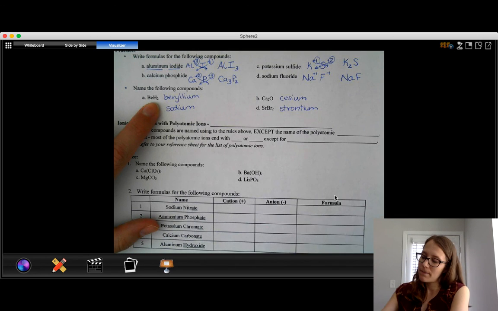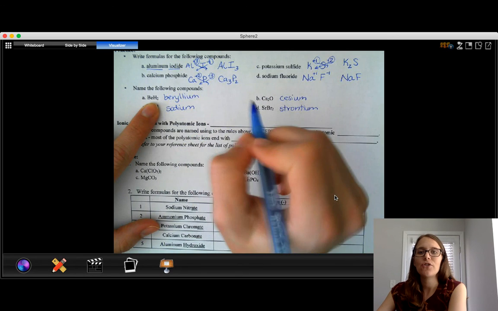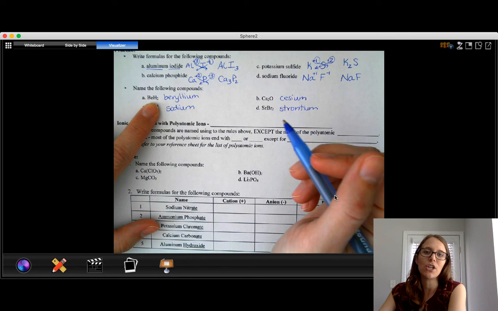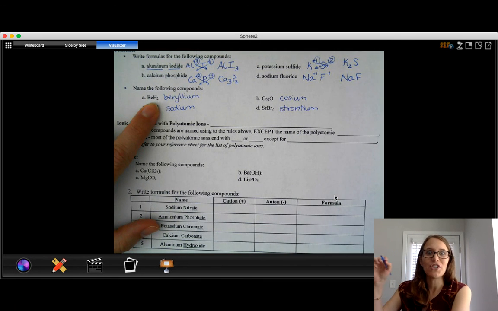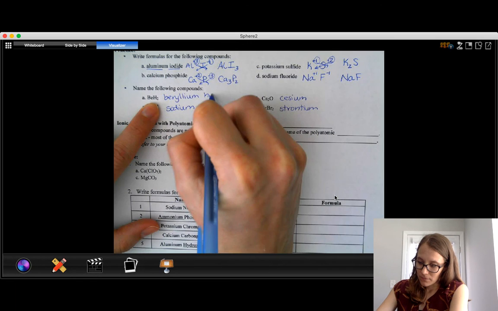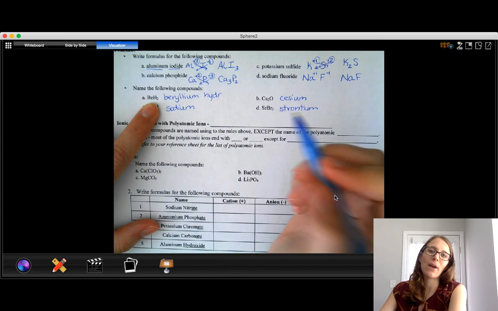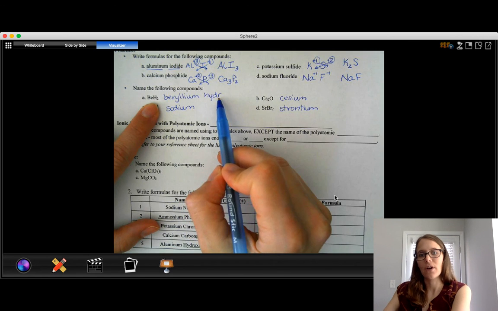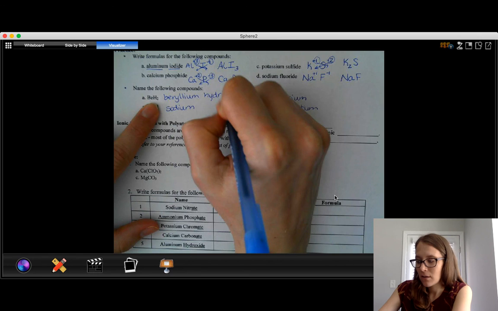For the second part, we name the element, but I have to change the ending to ide. The element H is hydrogen, and hydrogen sounds kind of like oxygen. If you think about how we changed oxygen to oxide, we got rid of the whole ygen. We're going to do something similar for hydrogen: get rid of ogen and change it to ide.